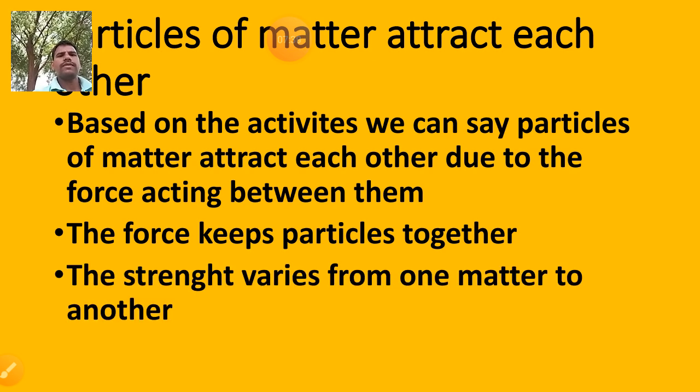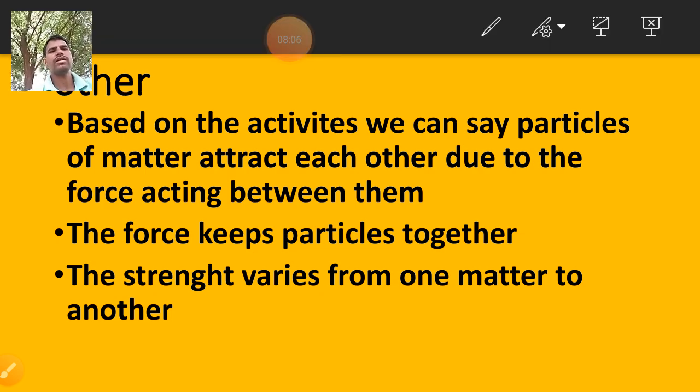And the strength of this force varies from one matter to another. Like we just discussed, if we have to break an iron nail, we need a lot of force. If we have to break a rubber band, the amount of force that we need is less as compared to iron nails. Therefore, we say that the strength of force varies from one matter to another.